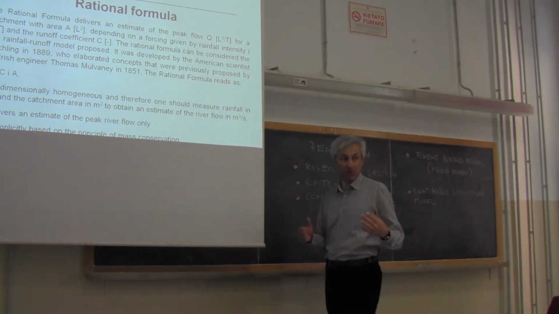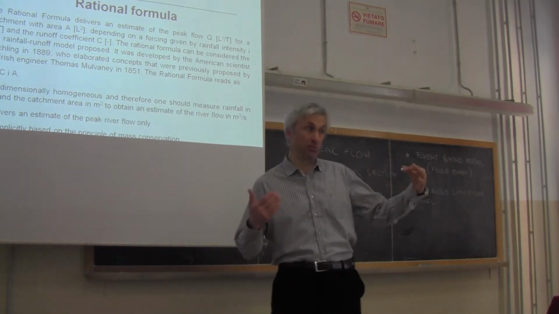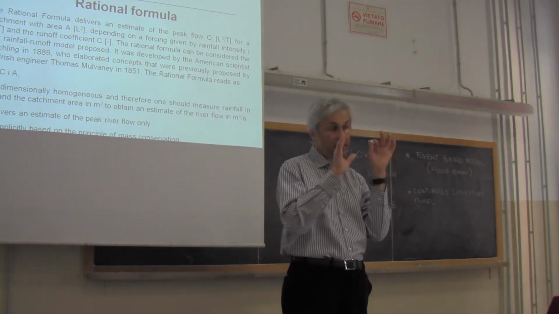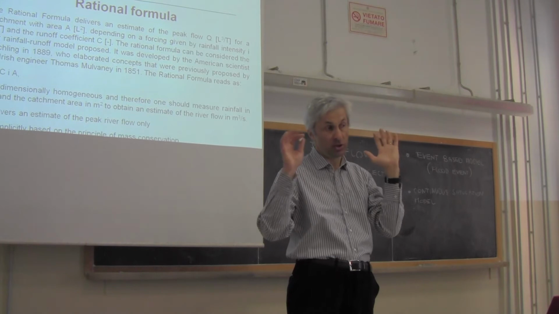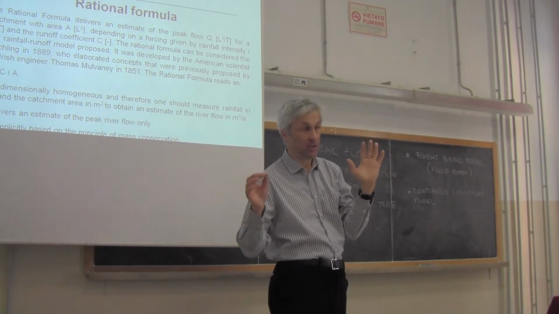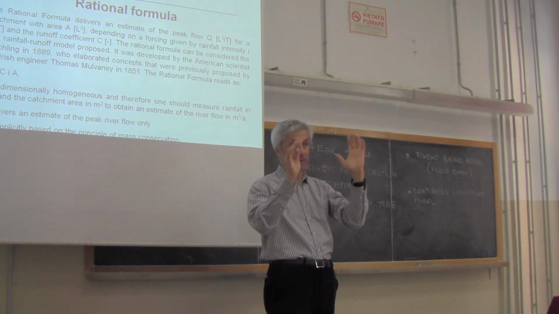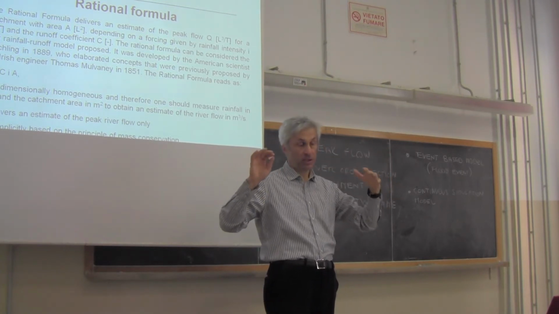So what is the difference between event-based models and continuous simulation models? The difference is that, again, it's the simulation time. The event-based model, the simulation time is limited to one event, and the continuous, why they say continuous?